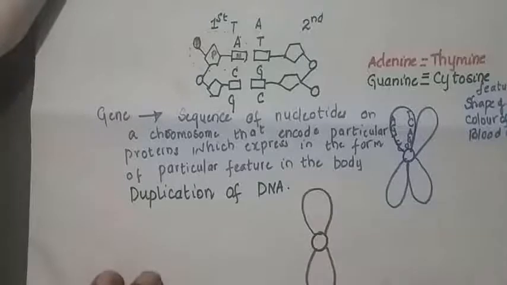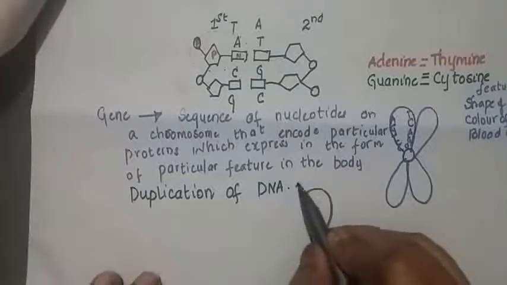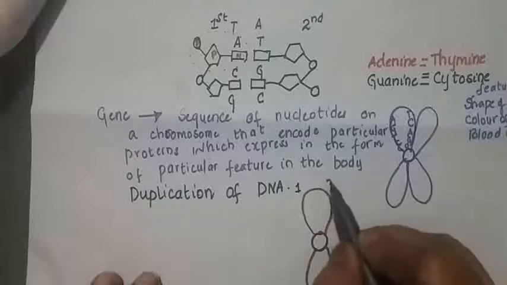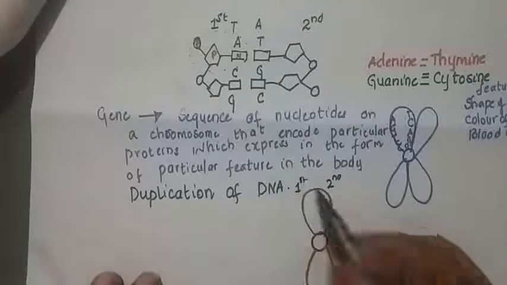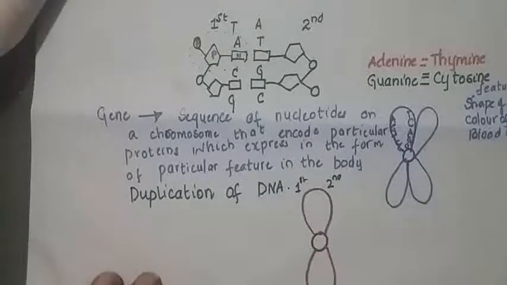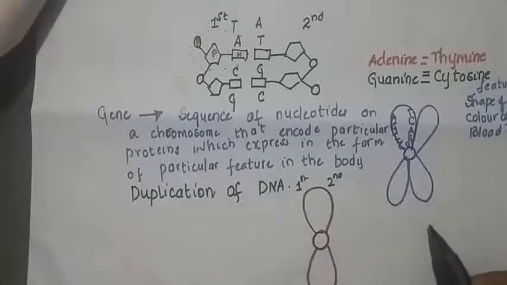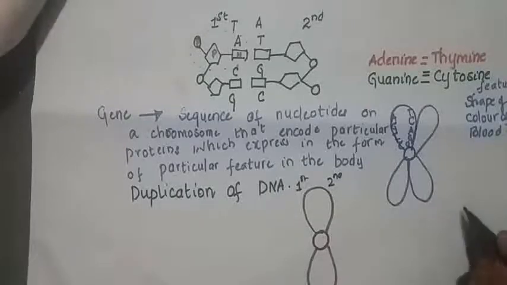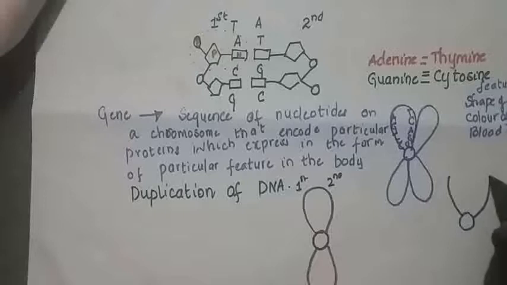Now during the duplication of DNA, these two DNA strands, so you can say that this is the first DNA strand and this is the second DNA strand, which opens up. They separate, they open up. So when they open up, this is one strand, the second strand.